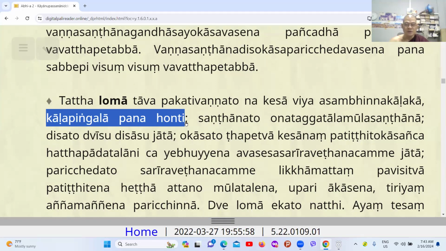So we should clarify the color by ourselves because we see with our eyes. We see everyone in the world, the Asian people, the Western people. So we can clarify the color of the head hair and the body hair. Not only black, but there are many colors.